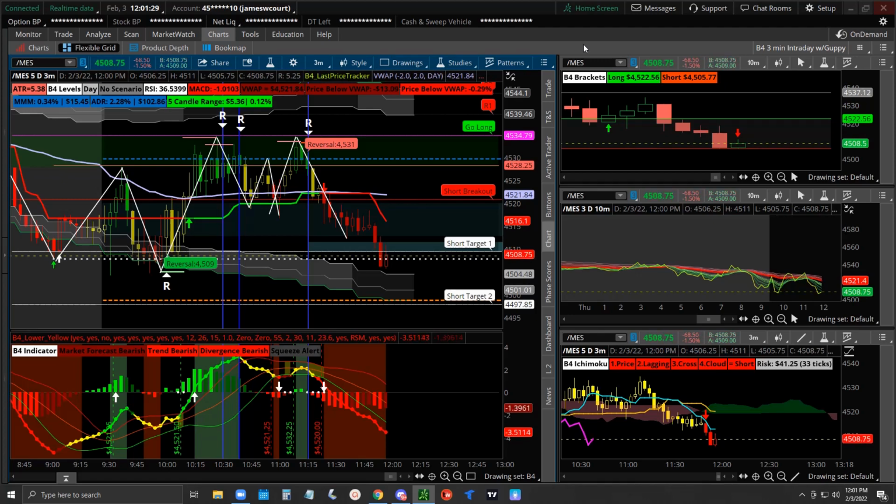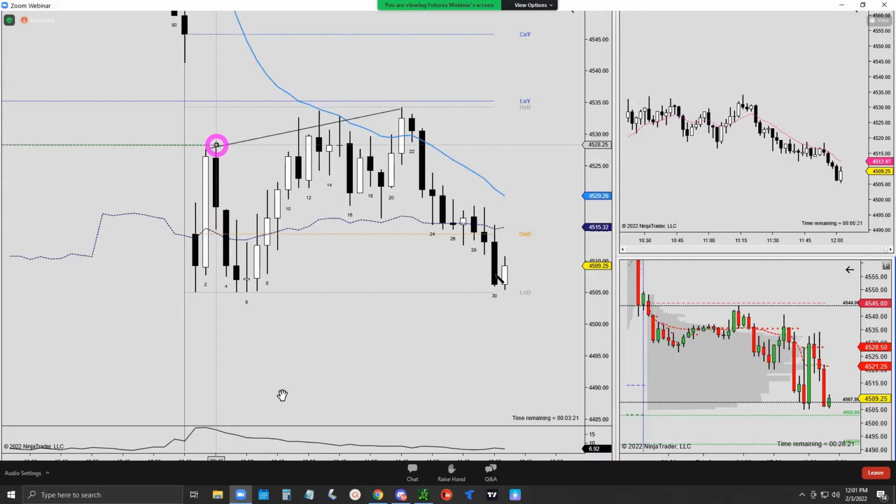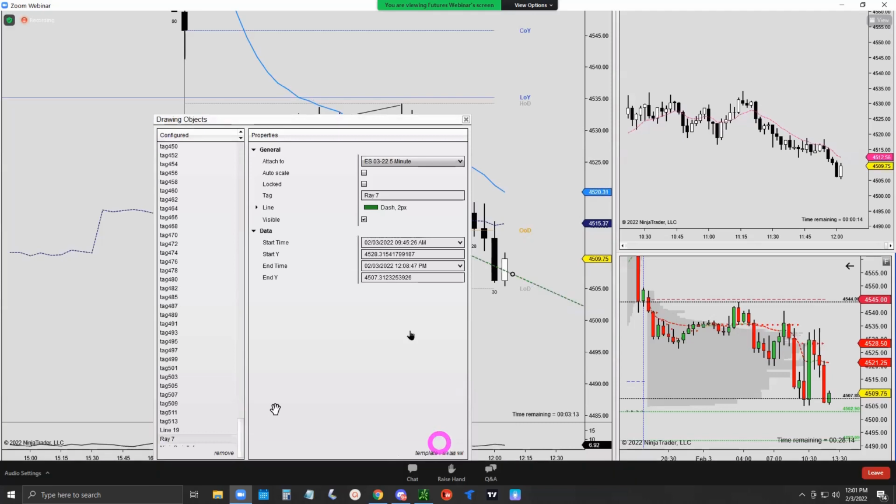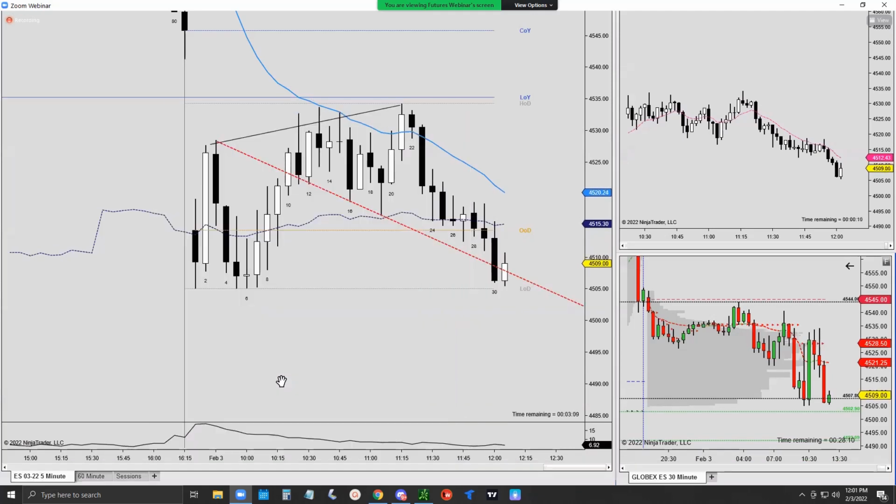One, 2, 3, 4, Wolfie wave, right? So where's the price now? If this is a bear Wolfie wave, we're testing the projected target.